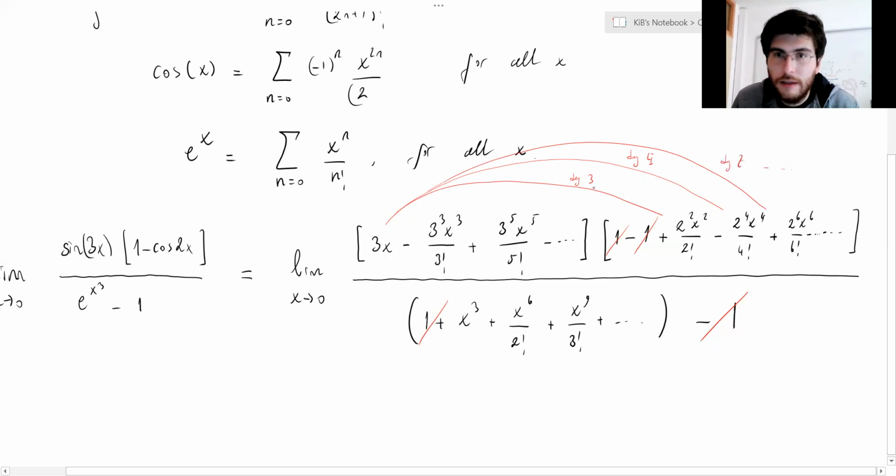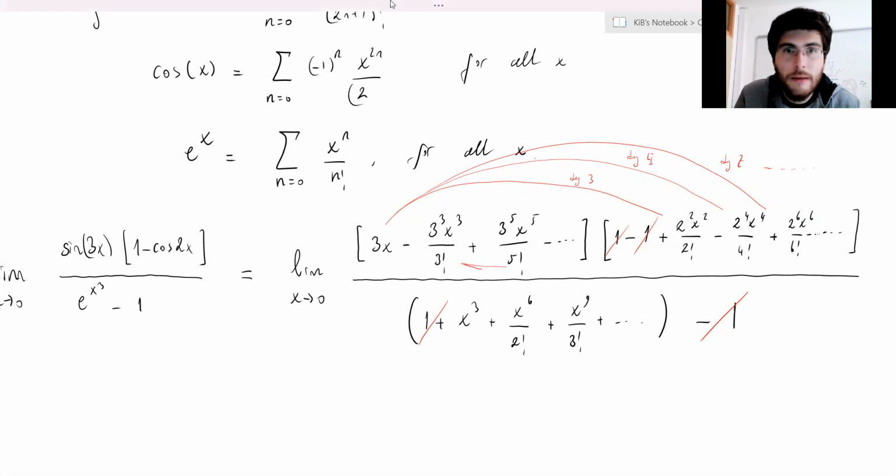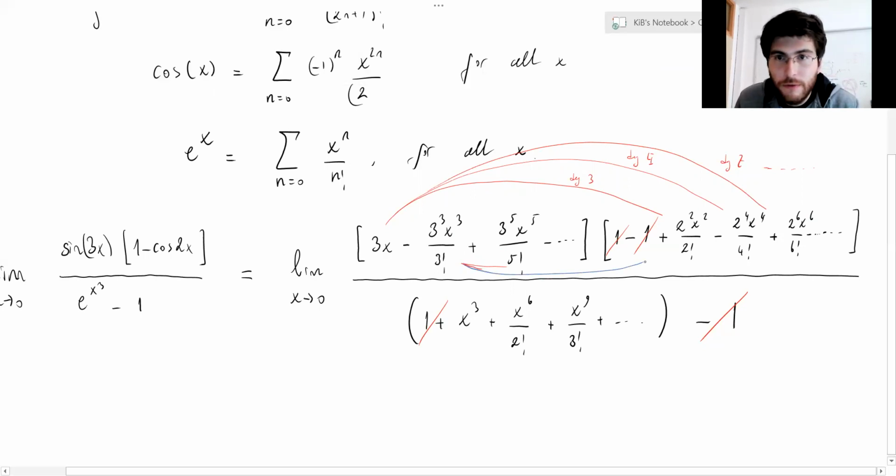And the story goes like this. You have at least a degree 3 term. So it goes like this, the degree getting larger and larger and larger. But at least you have degree 3 and degree 5. What if you multiply the second one with the first one?